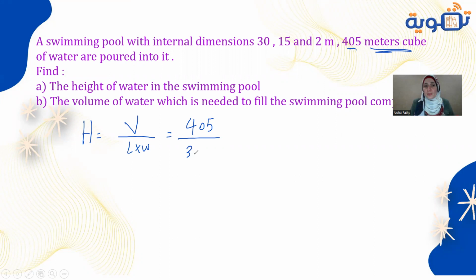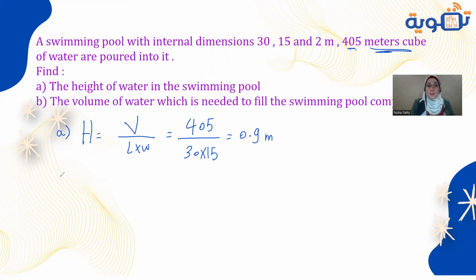So length 30 and width is 15. Then I will divide 405 divided by 30 times 15, equals 0.9 meter. This is the height of the water in the swimming pool.